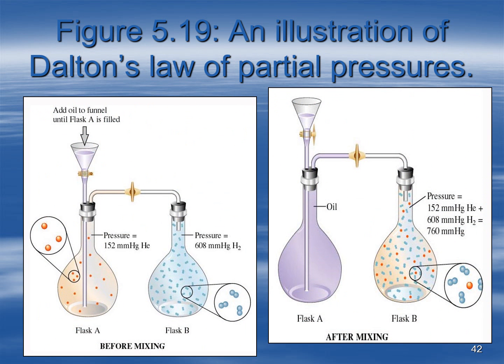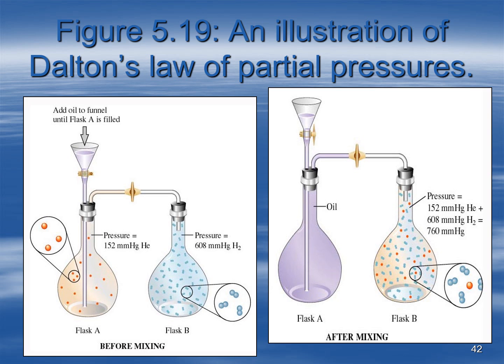If we look at this picture, it'll make a little bit more sense. On the left-hand side, you see that flask A has just helium, 152 millimeters of mercury. And flask B has 608 millimeters of mercury of hydrogen gas.